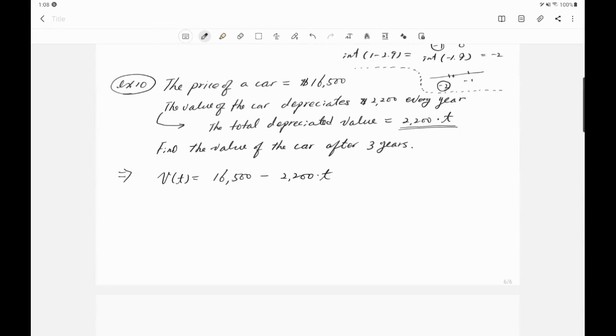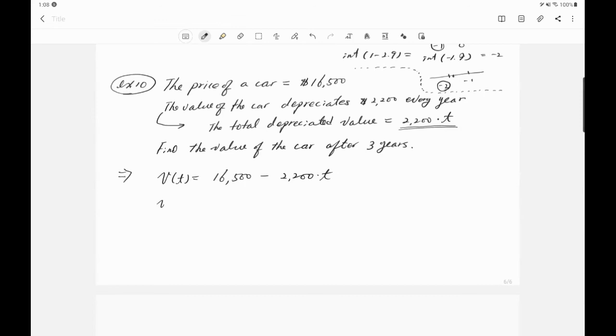That makes sense, right? So we set up an equation like this: the initial price minus the depreciated value. The depreciated value after t years is the product of 2,200 and the number of years.